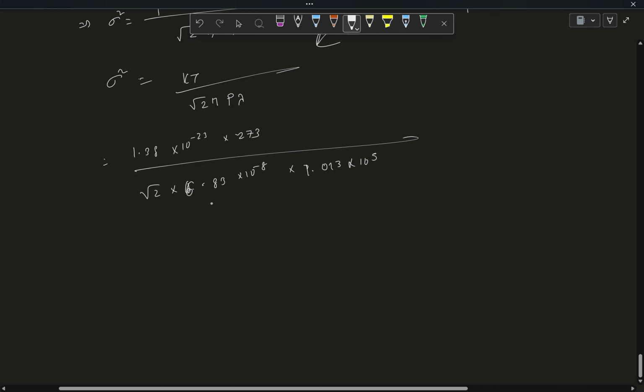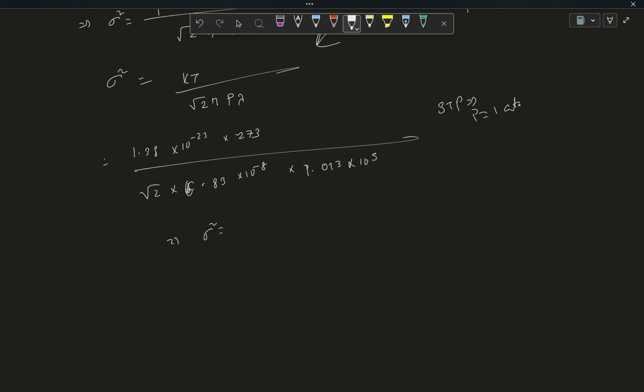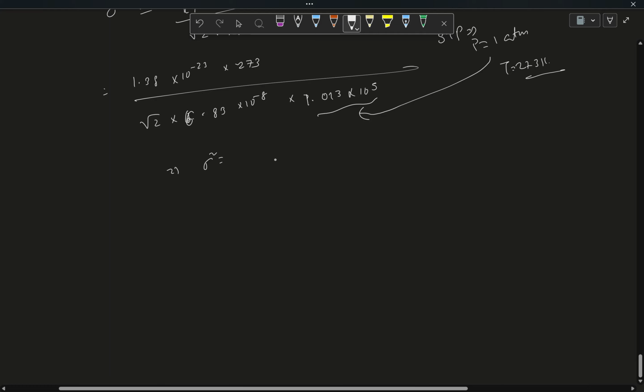Every value is known to us, so we are just putting down those known values in the equation and calculating sigma square under STP. So P becomes 1 atmosphere, which is 1.013 into 10 to the power 5 Pascal, and the temperature becomes 273 Kelvin, right? So sigma squared, if you calculate, is 1.22 into 10 to the power of minus 19.